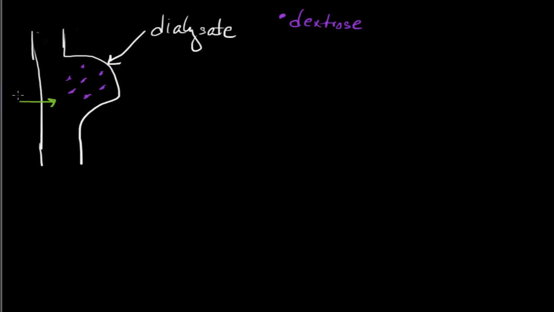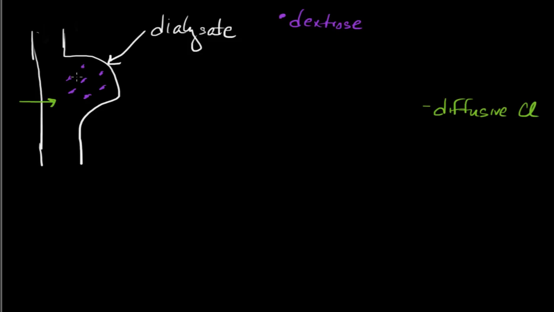There's a high concentration of uremic toxins in the blood, and so there's diffusion that occurs out into the peritoneal space. We're going to call that diffusive clearance.